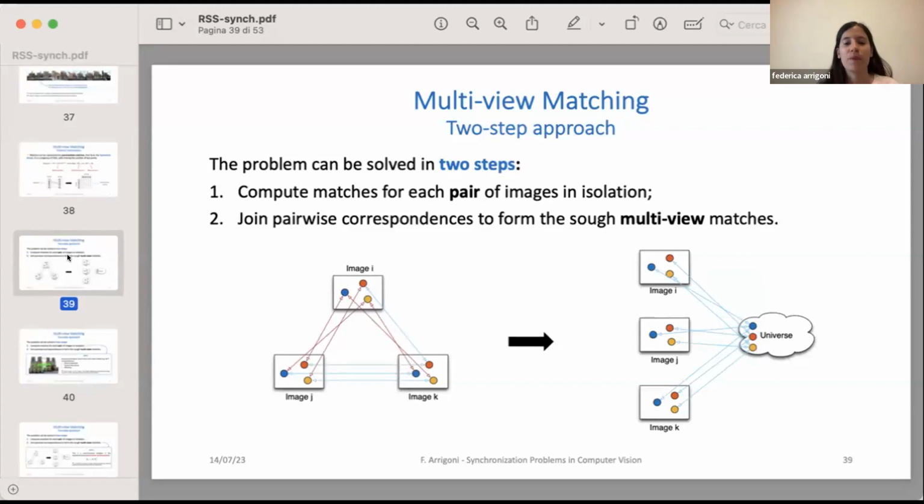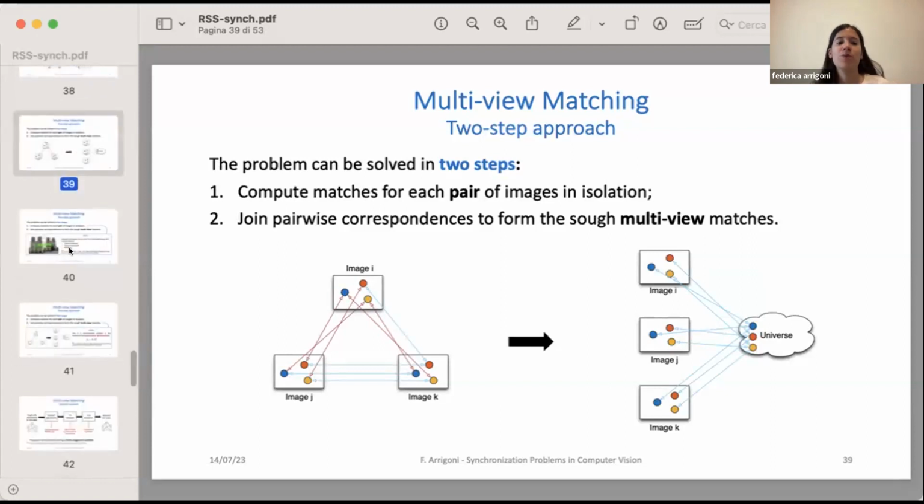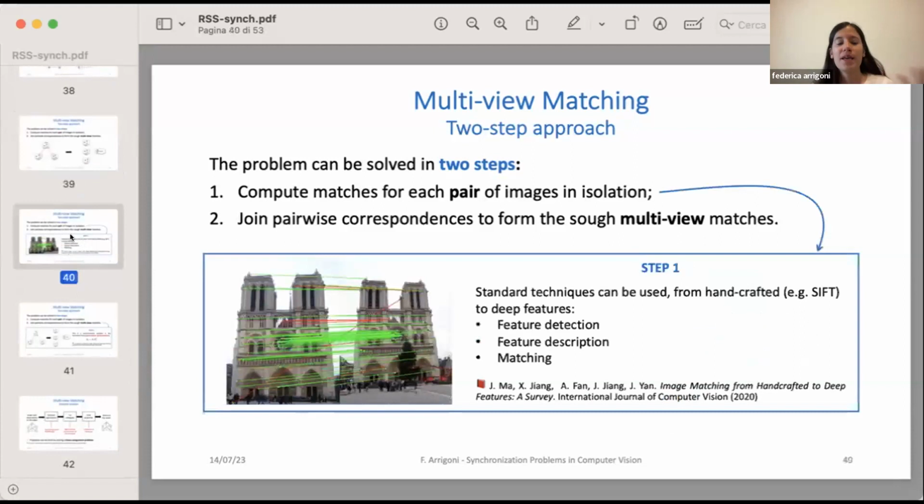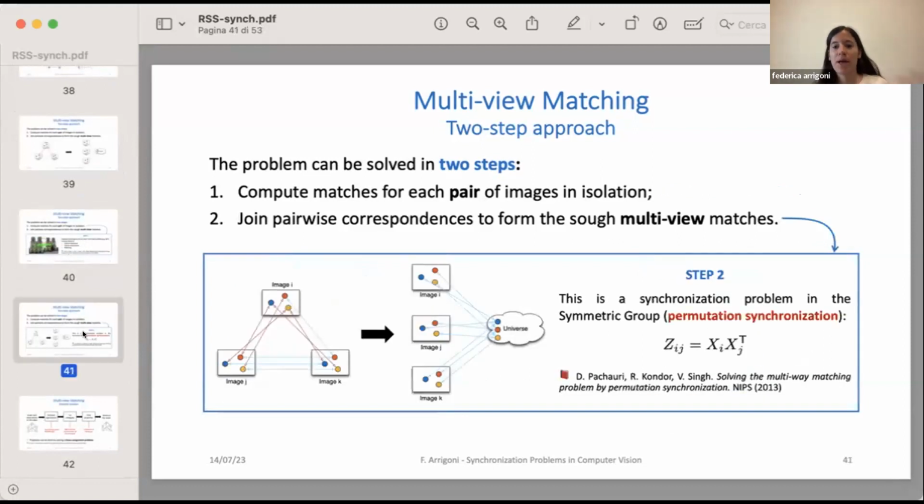We first compute matches between pairs of images in isolation, and then join these pairwise correspondences in order to get multi-view matches. The first step is quite standard. There are many techniques, from handcrafted methods to deep features, whereas the second step is a synchronization problem called permutation synchronization.